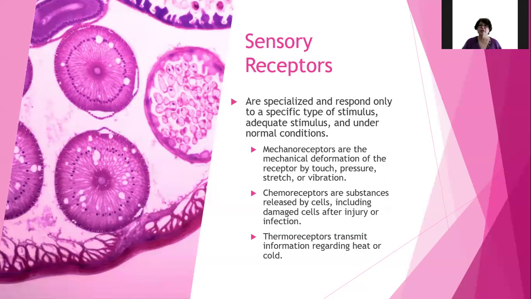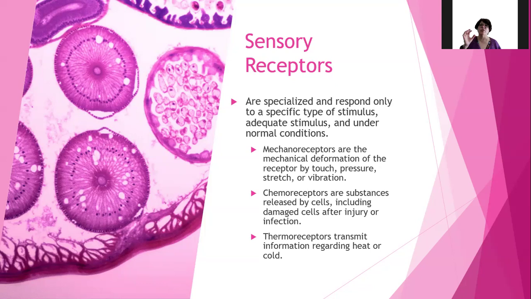Sensory receptors are specialized nerve endings on peripheral sensory nerves that respond only to a specific type of stimulus. The stimulus has to be adequate to generate an action potential, and that's under normal conditions it responds to that type of stimulus. If it isn't normal conditions, you might not get the same response.